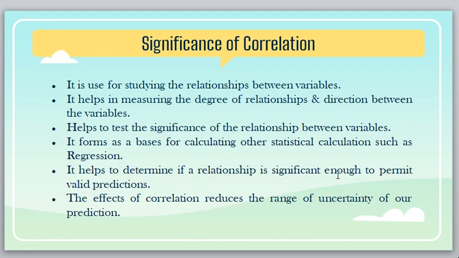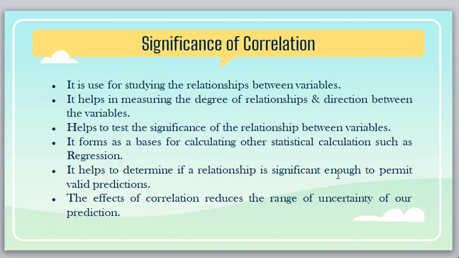Now coming to the significance of correlation, it is used to study the relationship between the variables, and it helps in measuring the degree of the relationship. Degree of relationship means the extent to which the two variables are related to each other. It is also used to study the direction between the variables, that is whether it is directly proportional or inversely proportional.